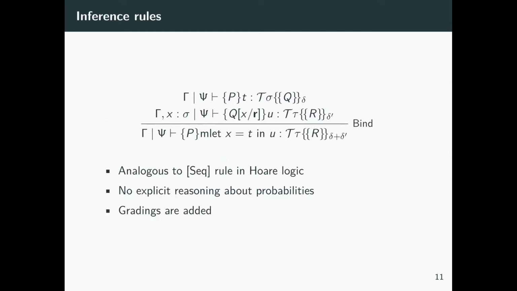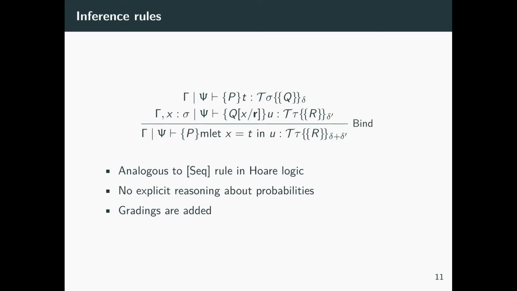The paper presents inference rules for every construct in the language. As an instance, we present here the rule for binding. So suppose we have two computations, T and U, and we want to sequence them. So first, we prove a judgment for T, stating that with precondition P, we can ensure postcondition Q with probability 1 minus delta.